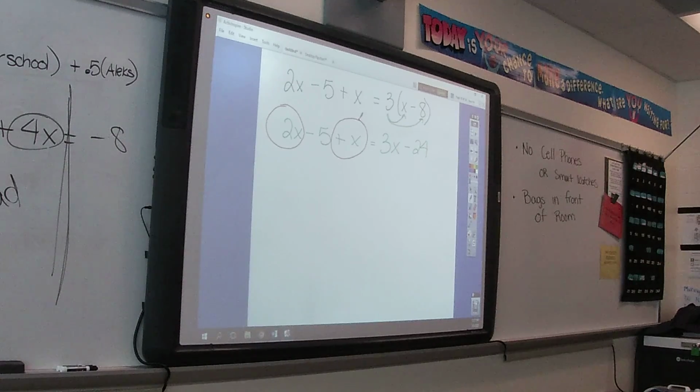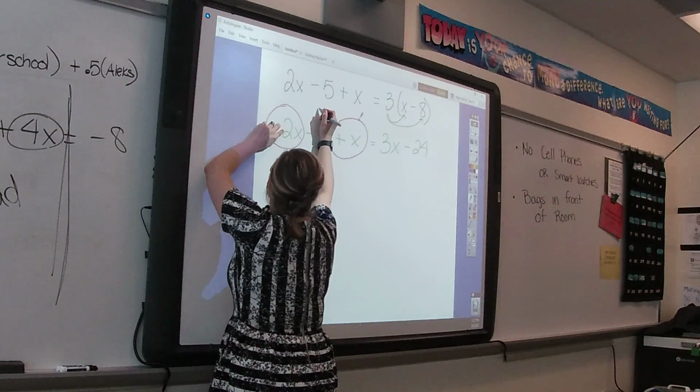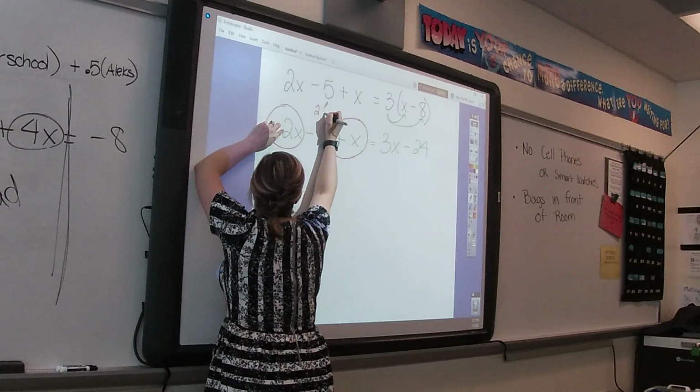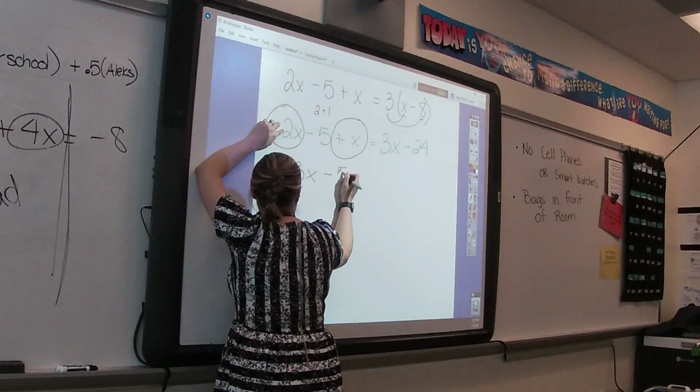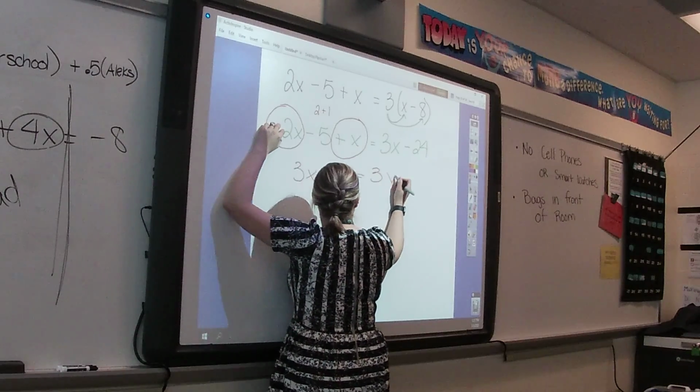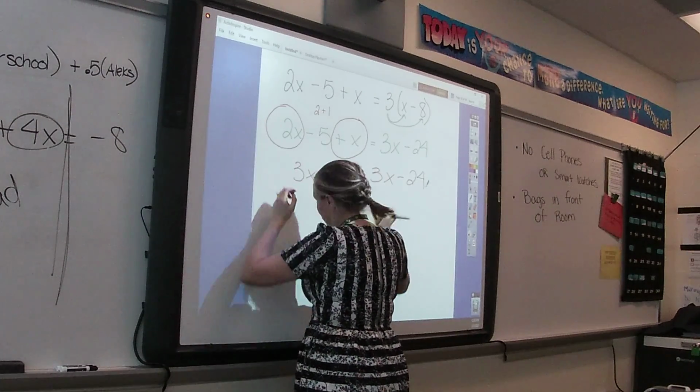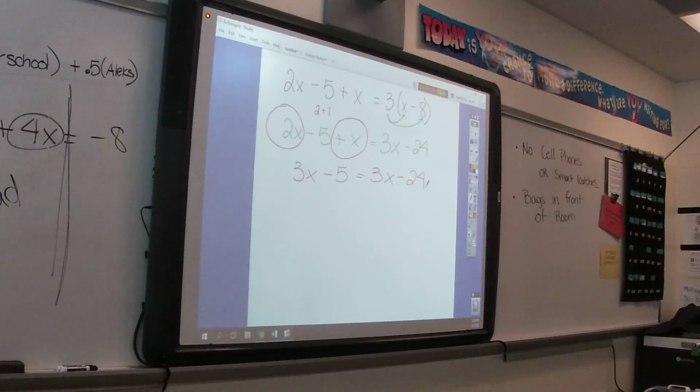Same side. So if they're on the same side, we use the same sign. So we want to do a 2 plus a 1.